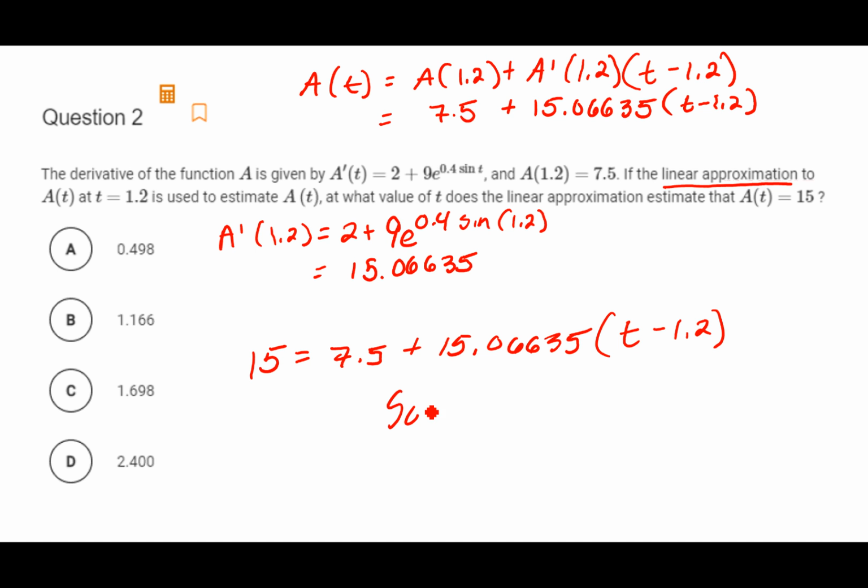And we need to solve for t. So this is just a refresher on that linear approximation. You need to know that linear approximation formula and be able to fill in from the context of the problem what pieces you know and what pieces you're trying to figure out.